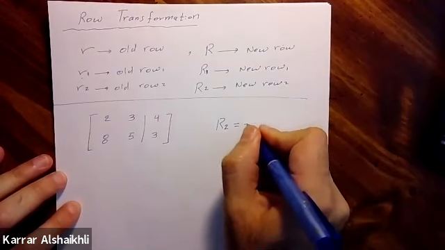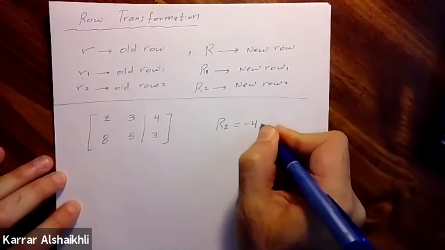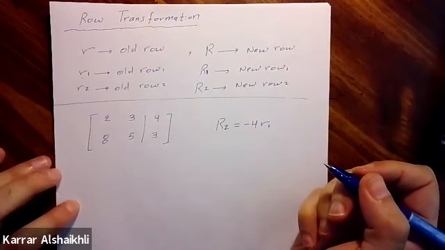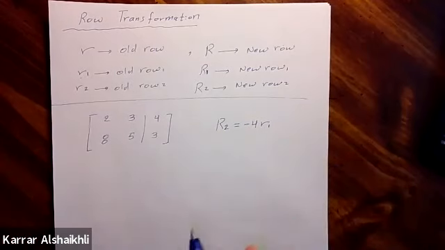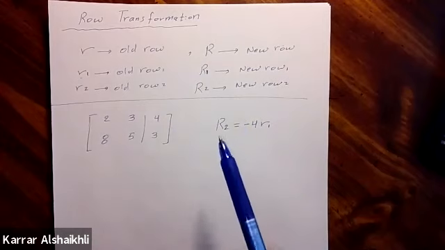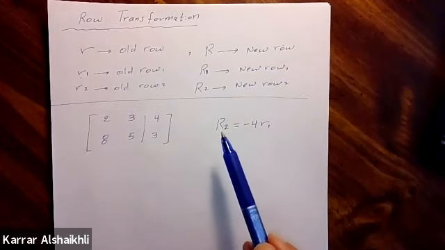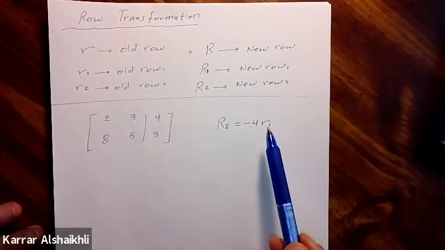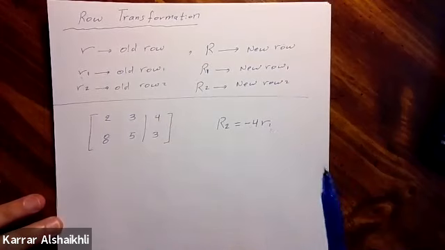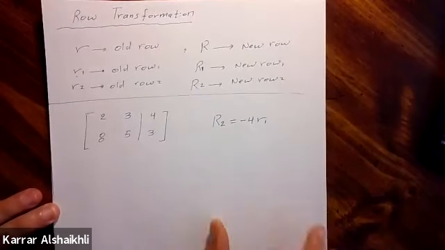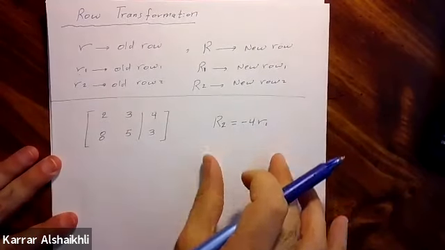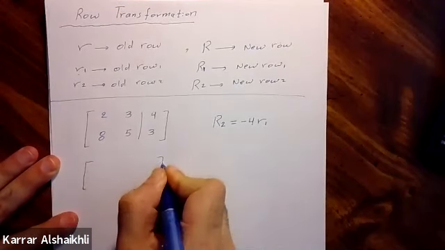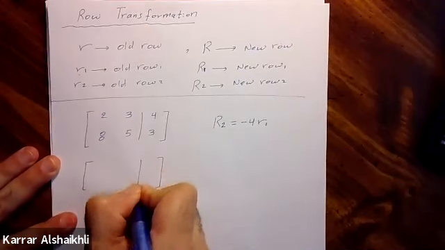By multiplying negative 4 by the old R1. So now I need you to get a new row 2. How are we going to get a new row 2? By multiplying negative 4 by the old R1. Let's do this. Here's the rule. I'm just going to use this rule exactly. Now, here is the new matrix.